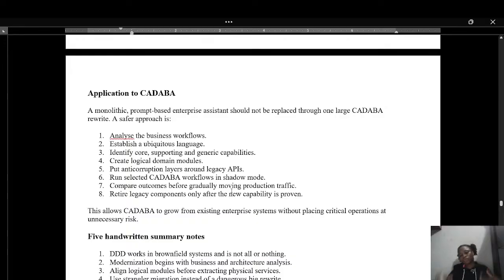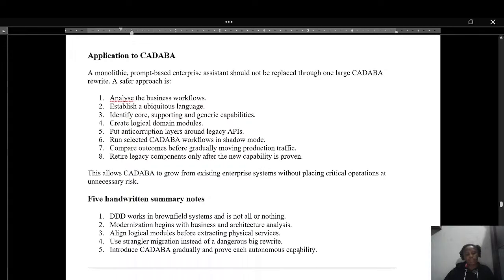So this is the method that you can implement when you want to apply domain-driven design to an agentic system design, for instance.